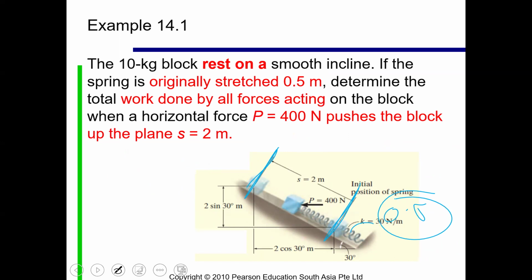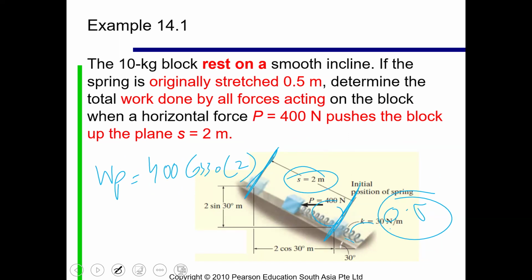2 is separate. So your work done should be 400 cos 30 and this distance 2, right? Because it's being stretched from here to here. 0.5 is not here. I thought it was here, but no, in the real problem it's behind it.